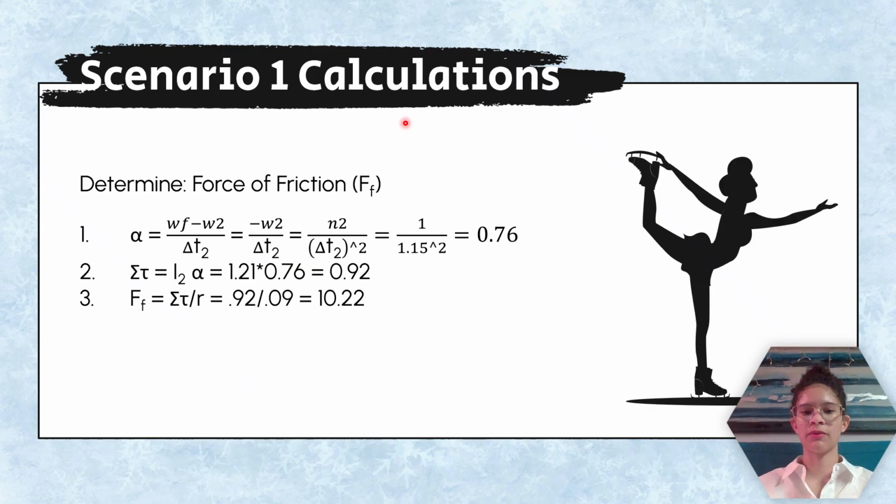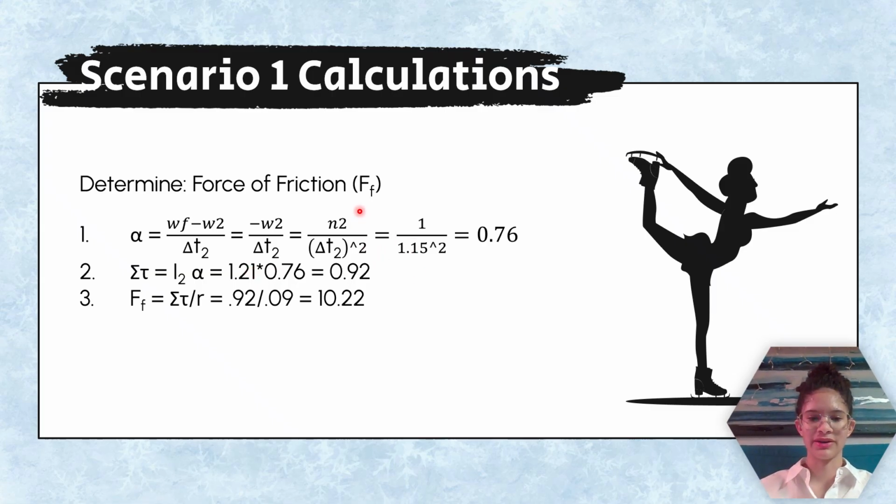And now for the second part of scenario 1, where we slow down to a stop and calculate the force of friction. We have just basic kinematics equations in rotational form manipulated here. Change in rotational velocity over time is equal to acceleration, and you've got that broken down further. Number of rotations over time squared to get 0.76.